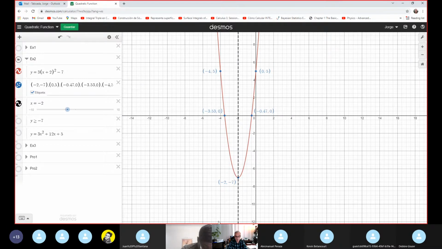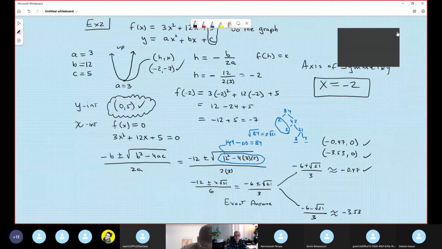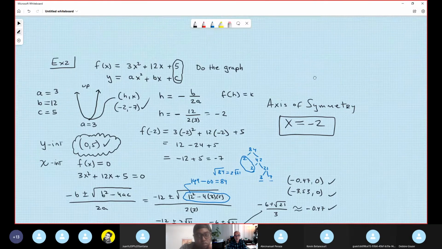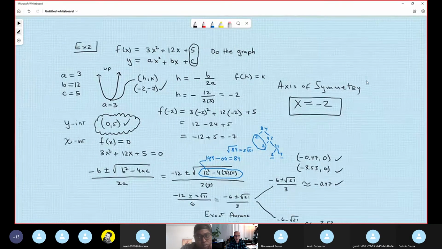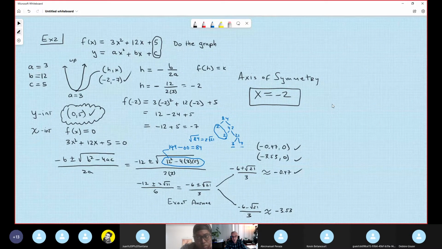Let me come back to the whiteboard because I want to express this idea more clearly. Whiteboard, do you see or no? Okay, suppose now we answer the question, domain and range of this example.